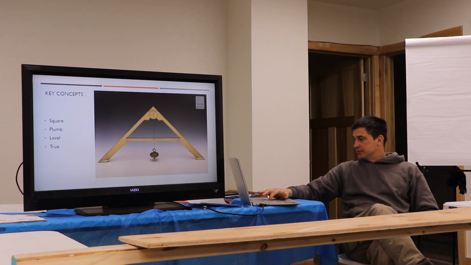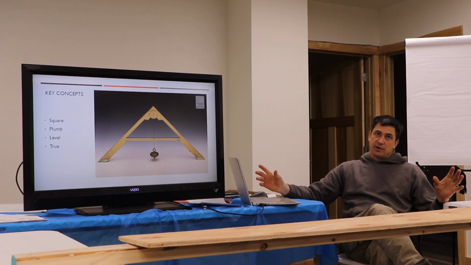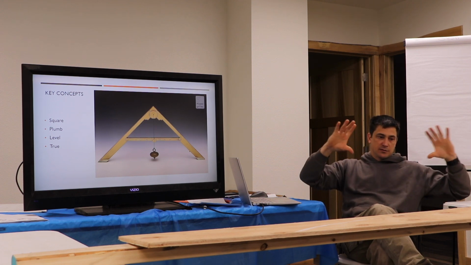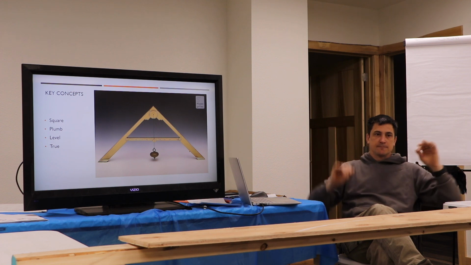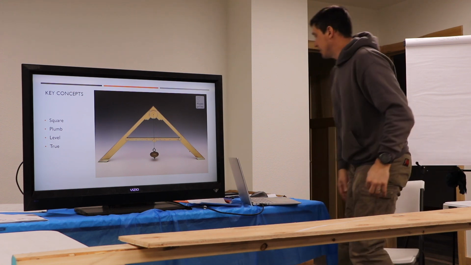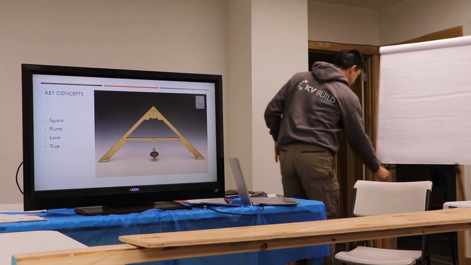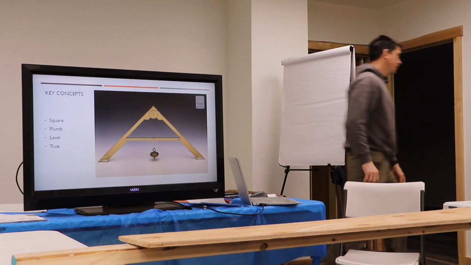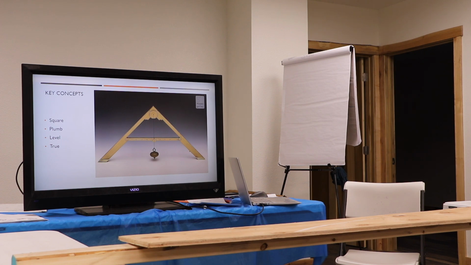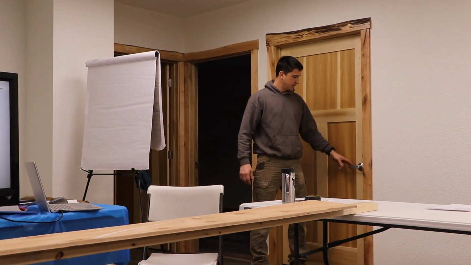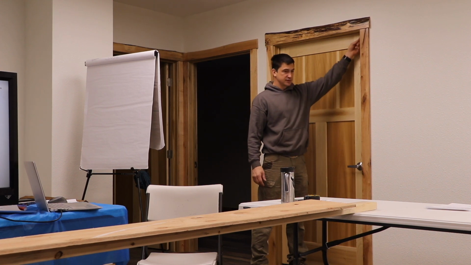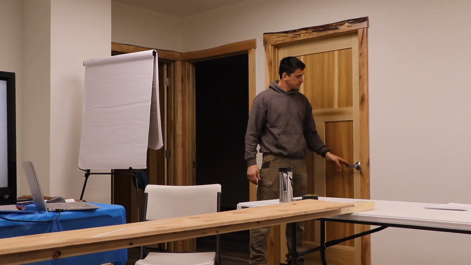Does anybody know what true is? False. Okay. So generally true, from my experience in the building trades, is referring to a door or a window opening. When we have a door, you can close the door and it closes against the stop all the way around here.